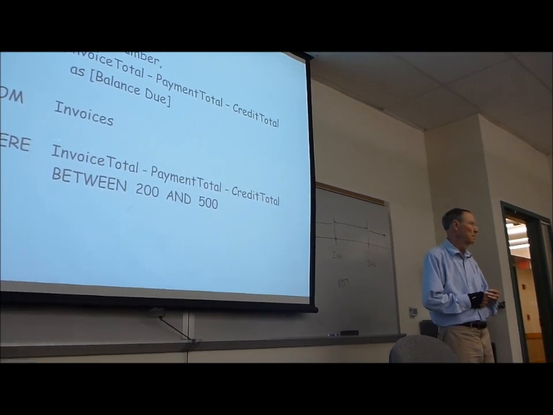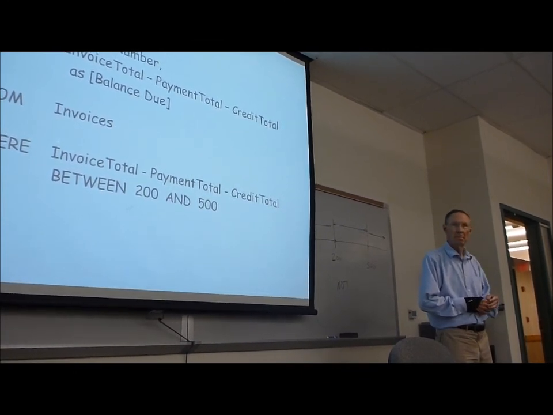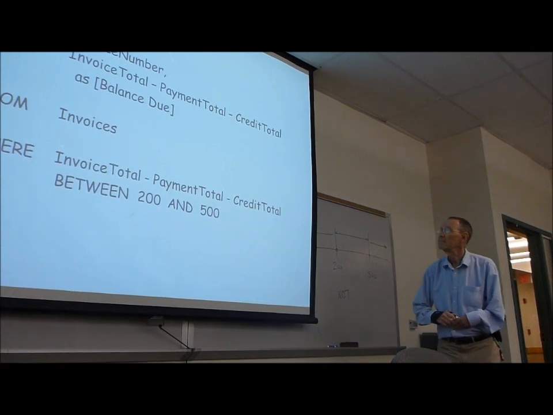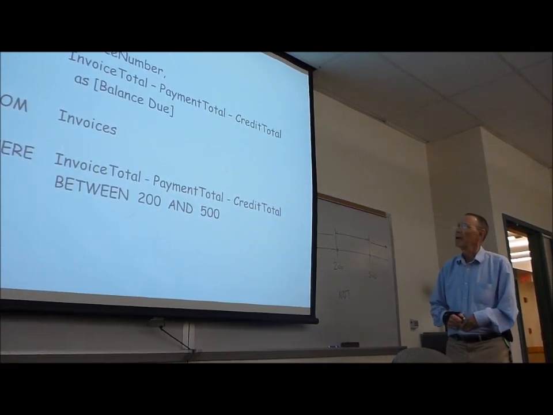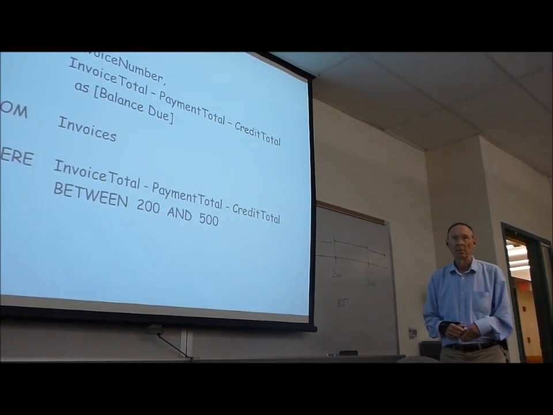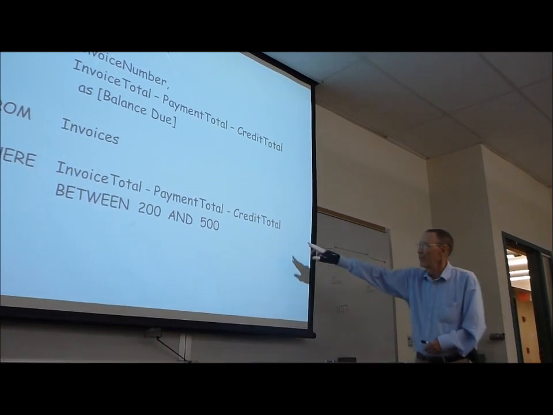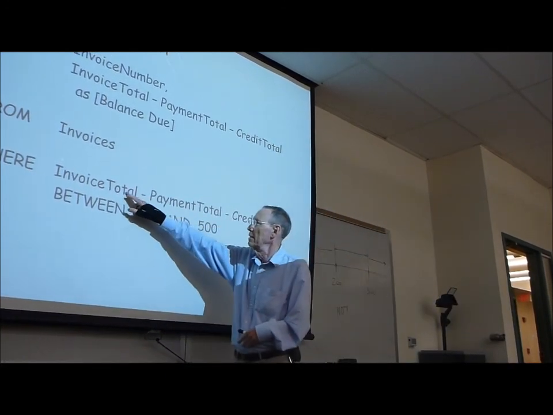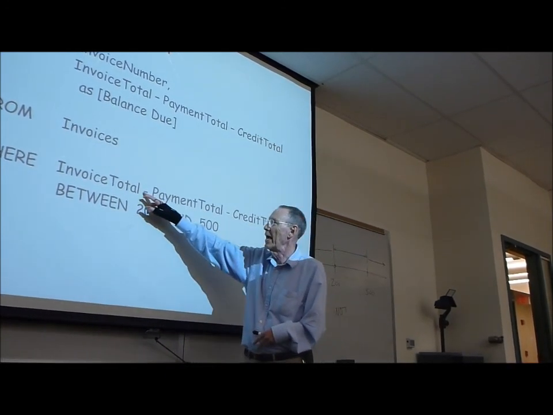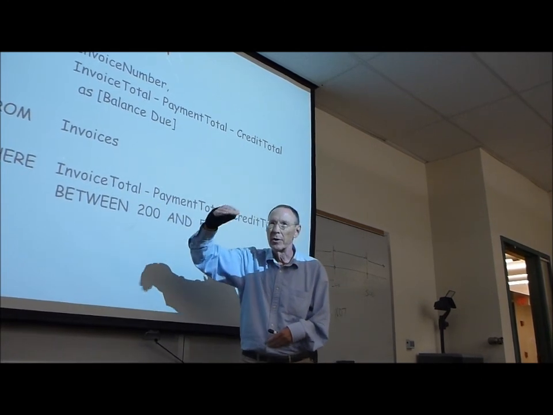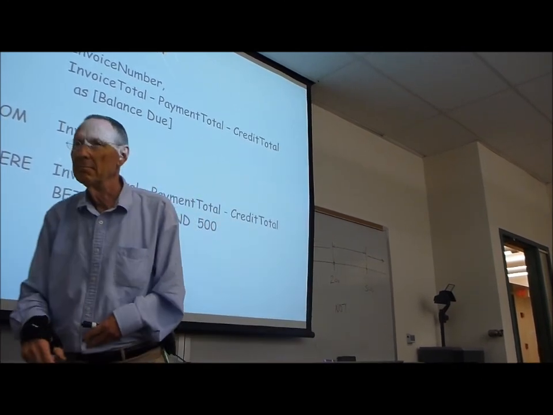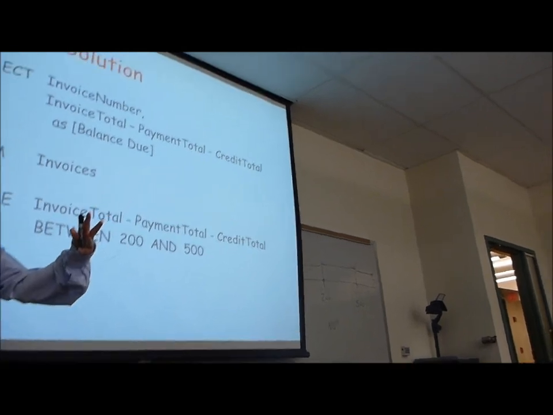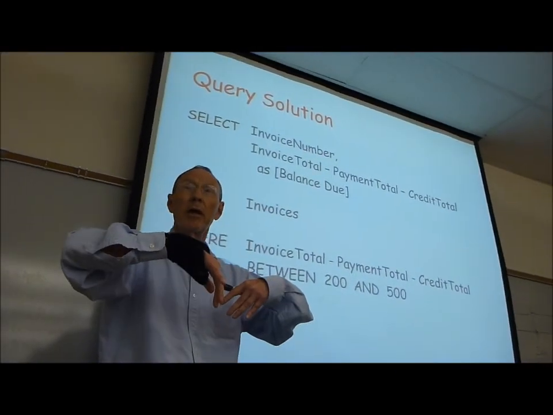Okay. Excuse me. Yes. Why can't we use the term balance due instead of the invoice total? It is a label. Okay, you're actually looking at the values stored in the database. And it's actually taken that table and brought it into memory.